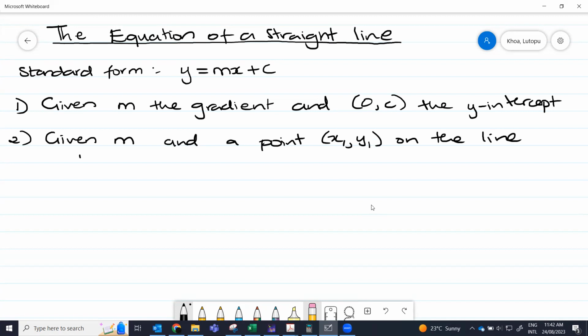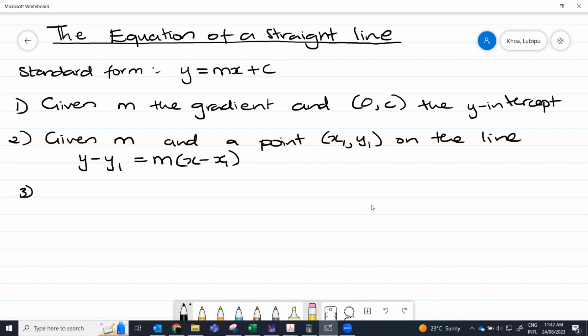The way to do it is you write y minus y1 is equal to m(x minus x1). So your x1 and y1, you substitute the numbers that you have from your point and then the gradient, and then you can make y the subject of the formula so that the equation is in standard form.